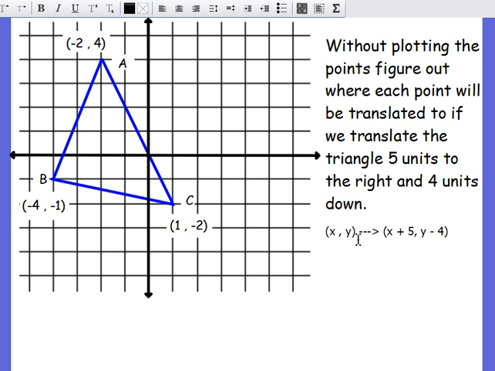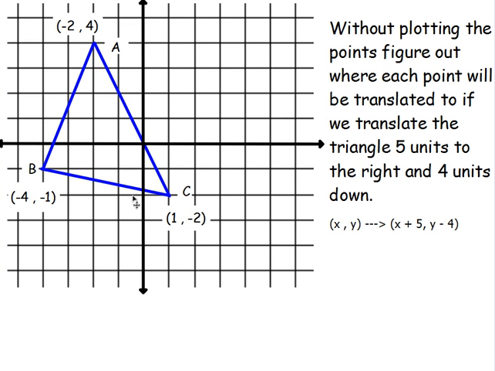So if I was to write a motion rule for this, that's what it would look like. I'd say x comma y goes to x plus 5, y minus 4, because plus 5 means to the right 5, and minus 4 means down 4. So all you're really doing here is adding 5 to the x and subtracting 4 from the y.